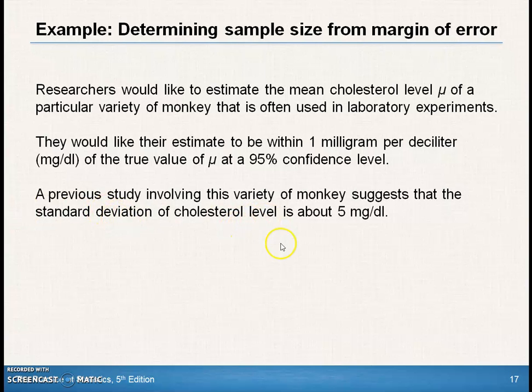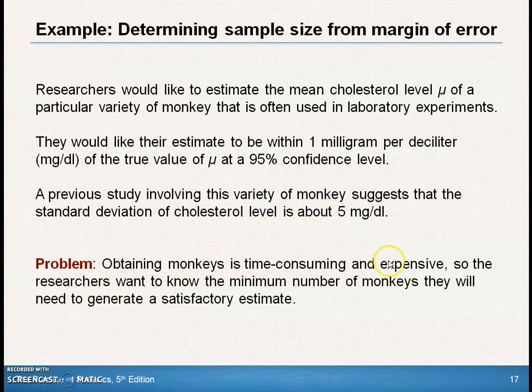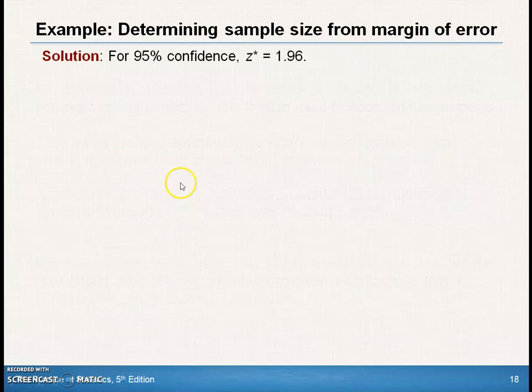A previous study involving this variety of monkey suggests the standard deviation is about 5 milligrams per deciliter. So this is the standard deviation we're going to use. Obtaining monkeys is time-consuming and expensive. A minimum number of monkeys will be better, but we need to make it satisfactory as far as the estimate.